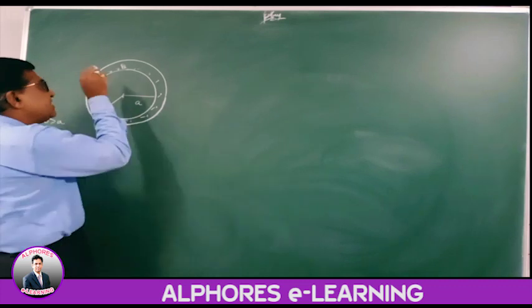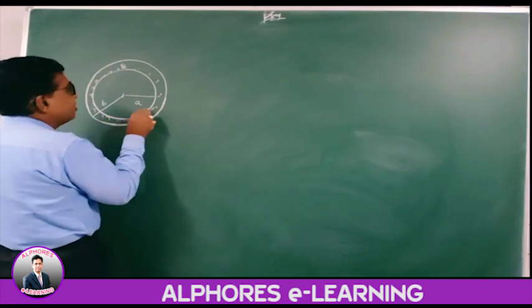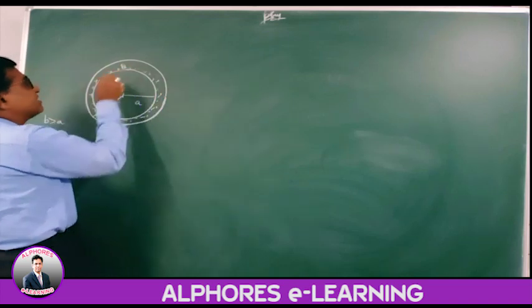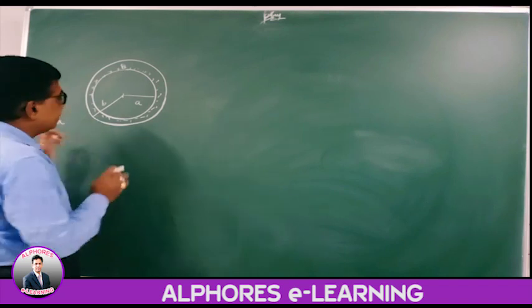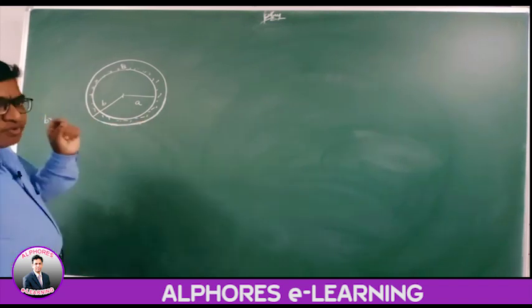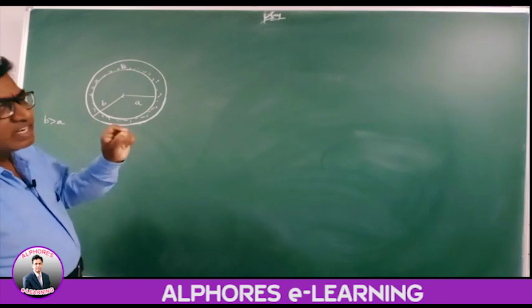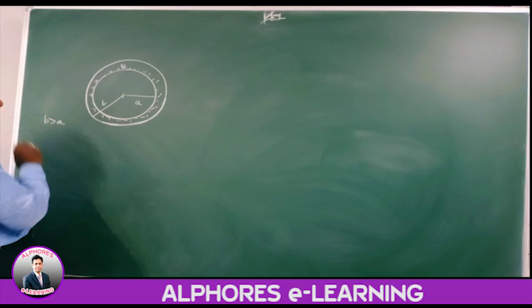So a is a charged sphere of charge Q. To increase its capacity, we place a neutral conducting spherical shell concentric to it of radius b, given b greater than a.